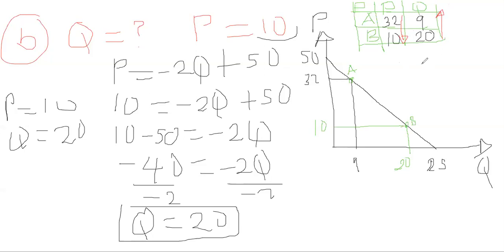So it's showing that there is a negative relationship between the price and the quantity demanded. As price is going down, quantity demanded will increase, and it's even shown by this downward sloping demand line. This is also confirmed by this -2, which is the slope.